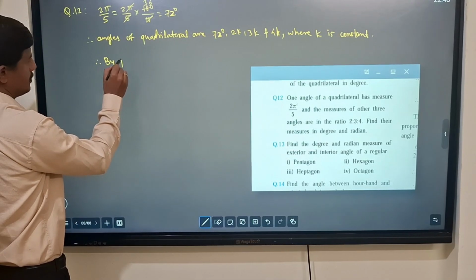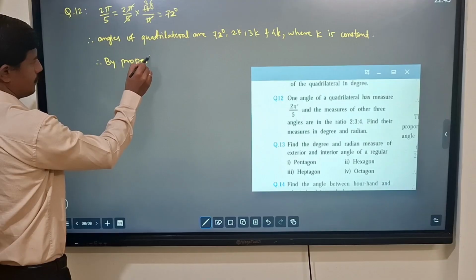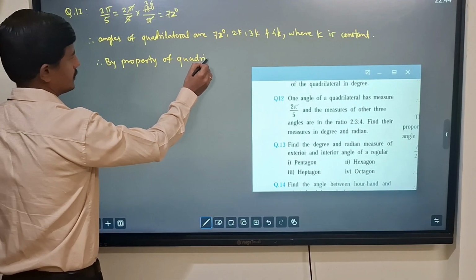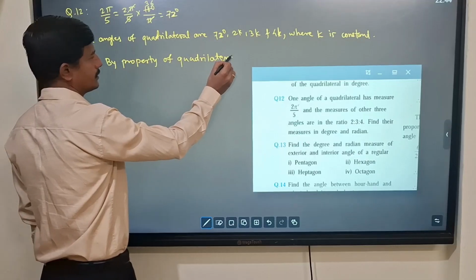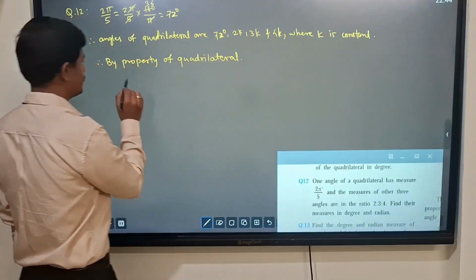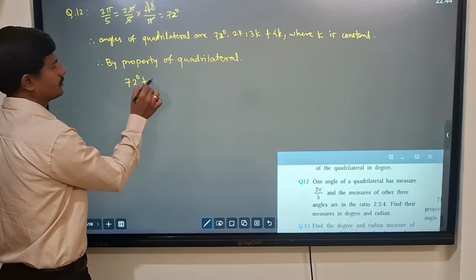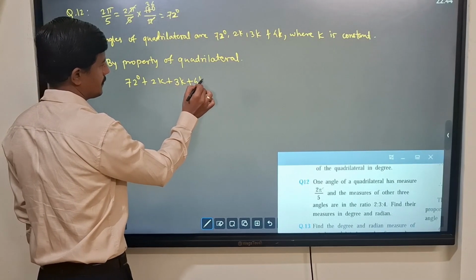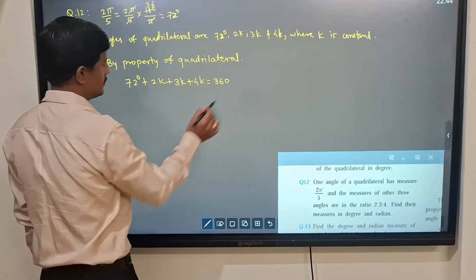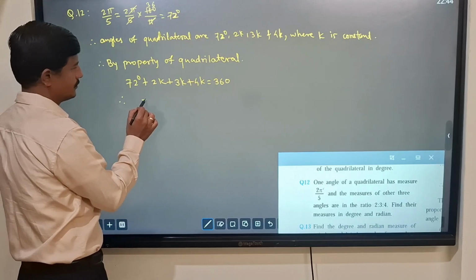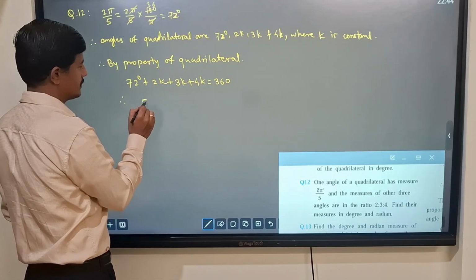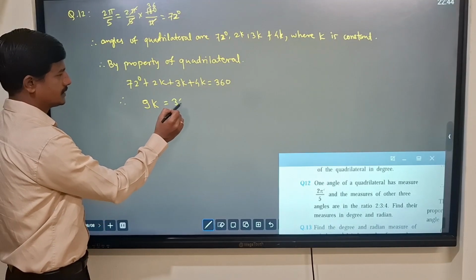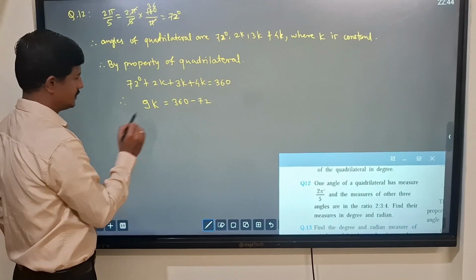Therefore, by property of quadrilateral, 72 degree plus 2k plus 3k plus 4k is equal to 360. Therefore 2 plus 3 plus 4, that is 9k, is equal to 360 minus 72.